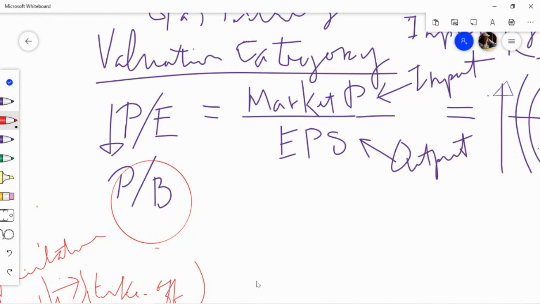But then that means the book value is updated every quarter. So the book value, we are in the fourth quarter, but the most updated data is as of the end of the third quarter, right? And it's going to be the end of the third quarter until we reach the end of the fourth quarter.